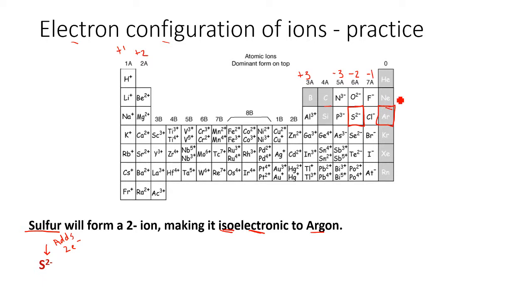In my abbreviated form, I start at the noble gas that happens just before sulfur 2- or argon, and I write neon. That places 10 of my electrons. So I've just talked about 1s2, 2s2, 2p6. I start here at 3s2. Oops, I don't need equal signs, but I can't make them go away. 3s2.